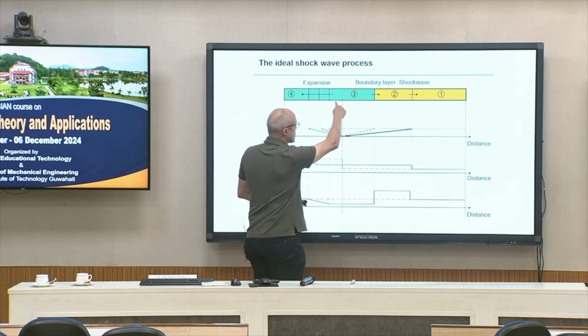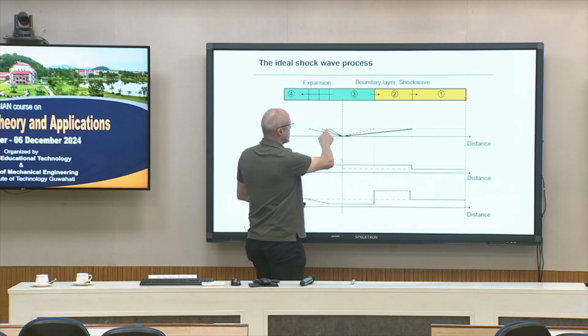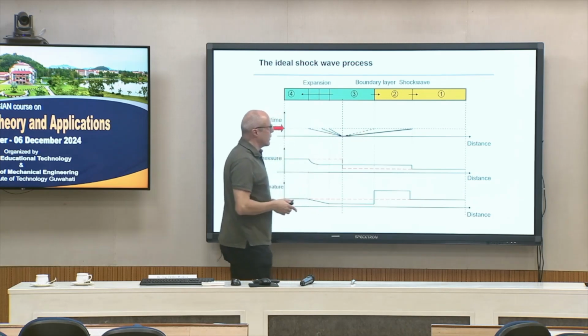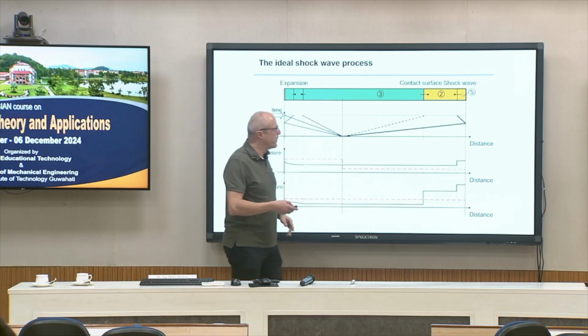We also have this section 3 here, between the expansion fan and the contact surface position, where we have higher pressures but lower temperatures. And we still have here 1 and 4, as we still have a high pressure region and a low pressure region here.